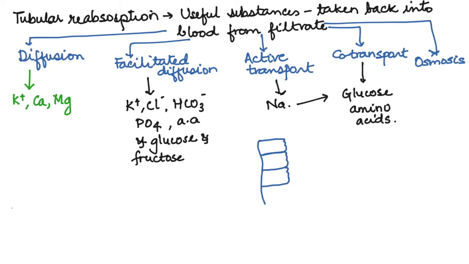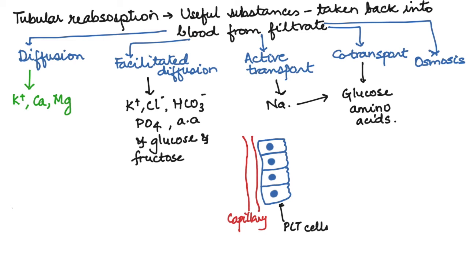So let me explain this. I'm drawing here the cuboidal epithelium of the PCT. As you can see, there are the microvilli here, and just next to it lies the capillary. This is the blood capillary, that is the peritubular capillary into which the reabsorption will happen across the cells of the PCT.